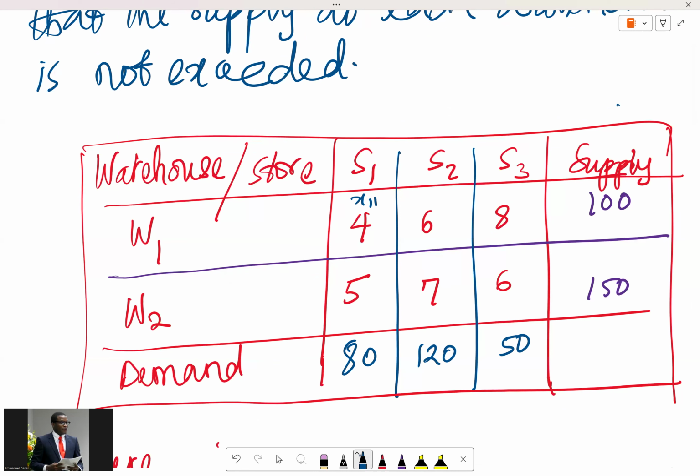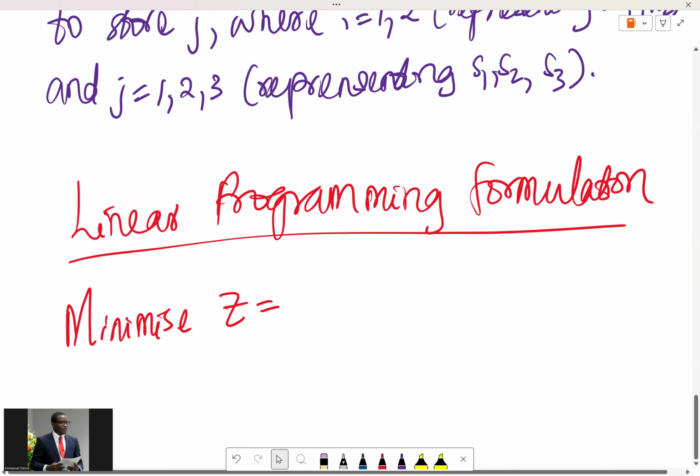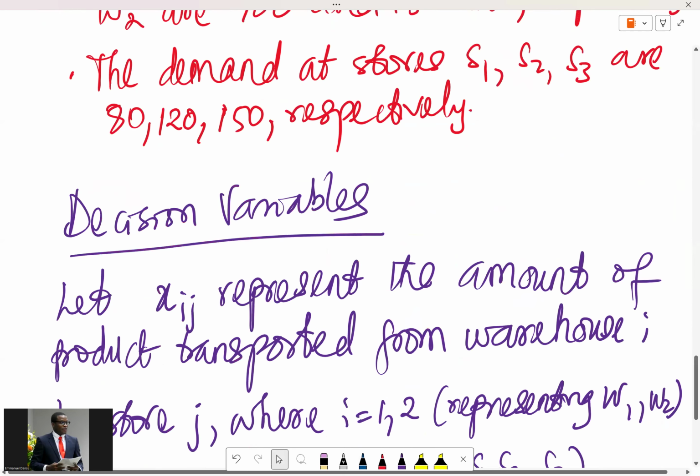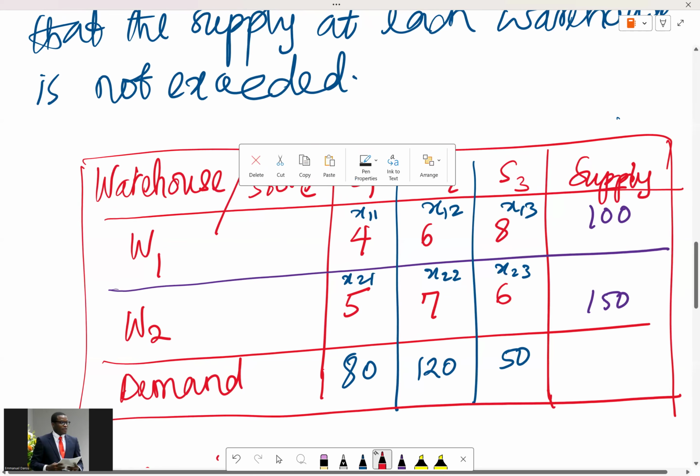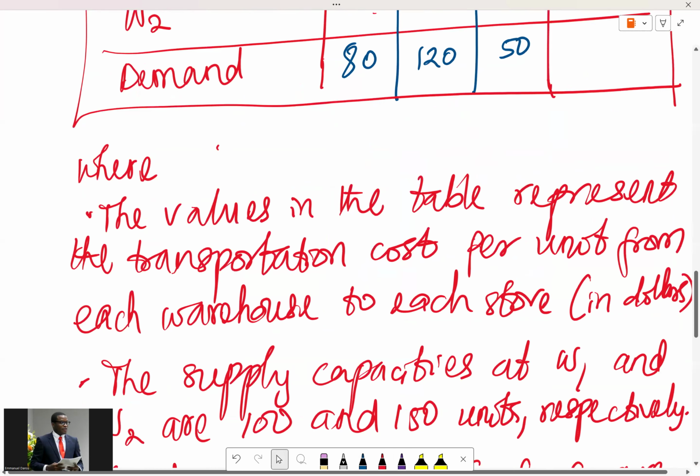This is X12, warehouse 1 to store 2, X13. Then X21, X22, X23. So those are the 6 variables we are going to have. We want to minimize Z equals 4x11 plus 6x12 plus 8x13 plus 5x21 plus 7x22 plus 6x23.